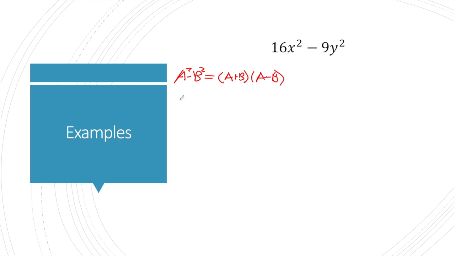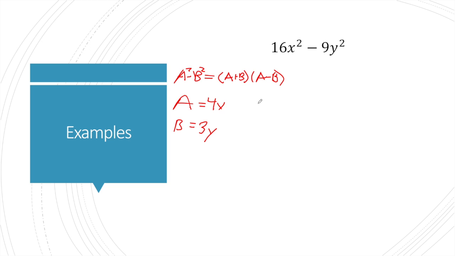In this case, my a squared is 16x squared. 16 is 4 squared. X squared is x squared. And b squared is 9y squared. 3 squared is 9. And then y squared is y squared.